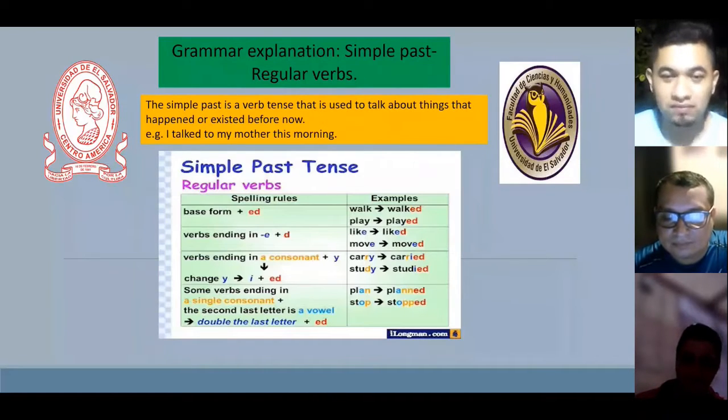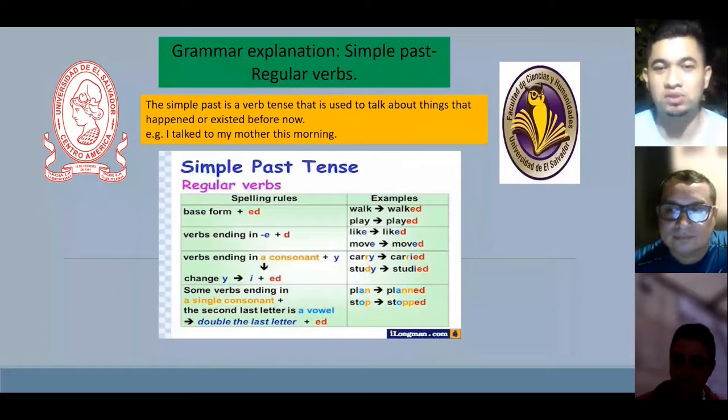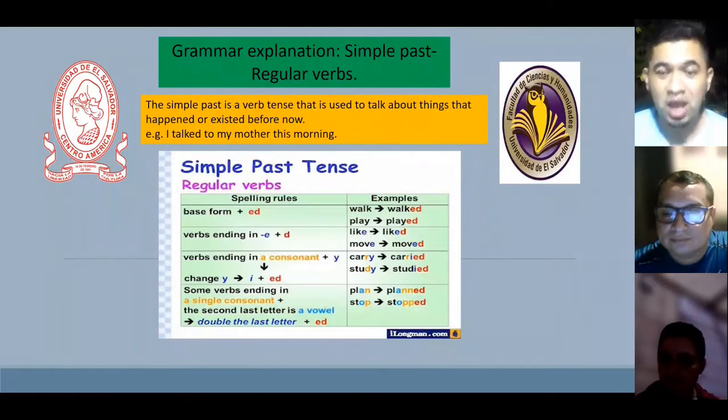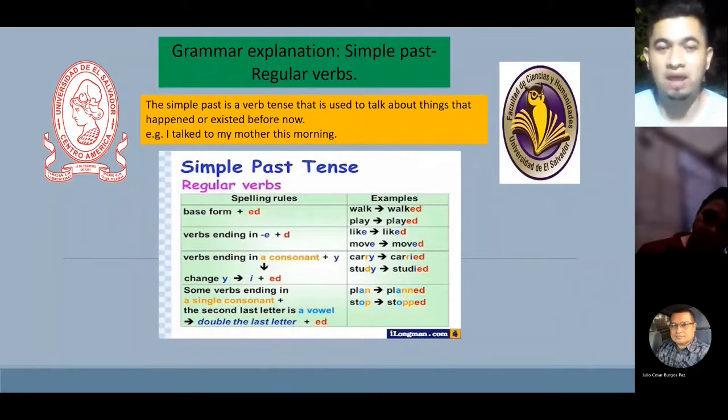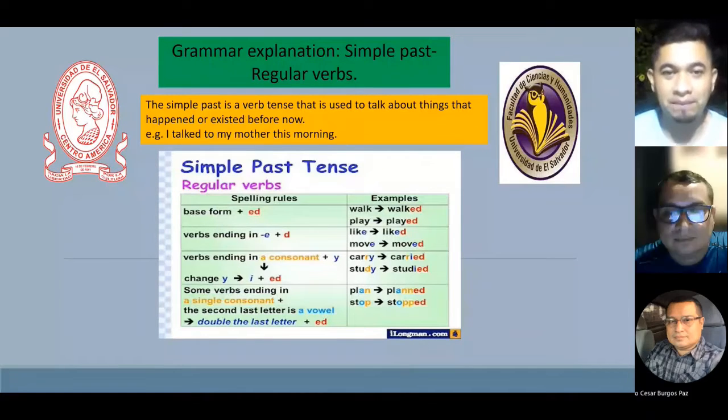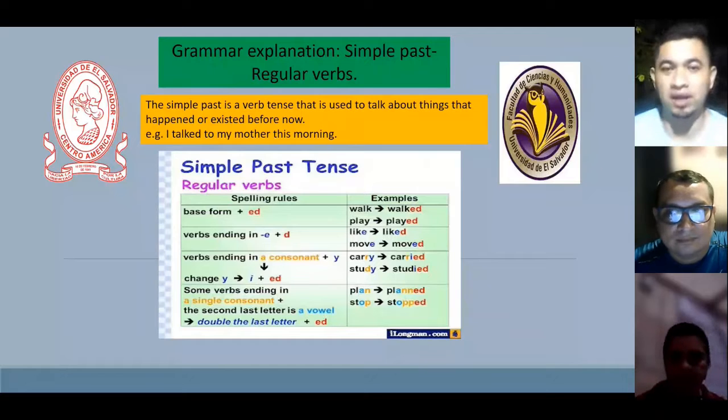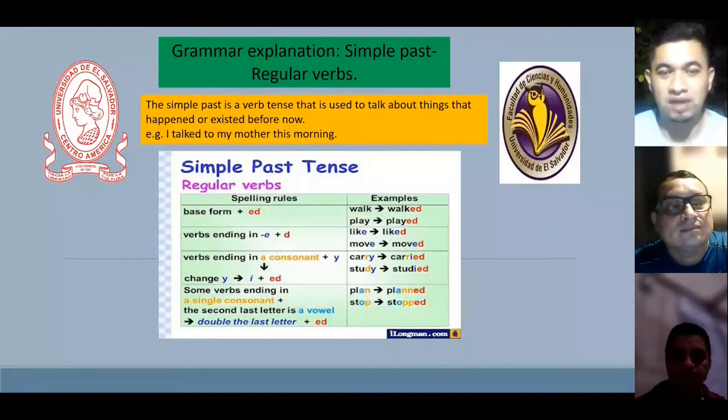As I told you before, today we're going to talk about the simple past, but specifically about regular verbs. As the explanation says, the simple past is a verb tense that is used to talk about things that happened or existed before now. So we have here an example. I talked to my mother this morning.